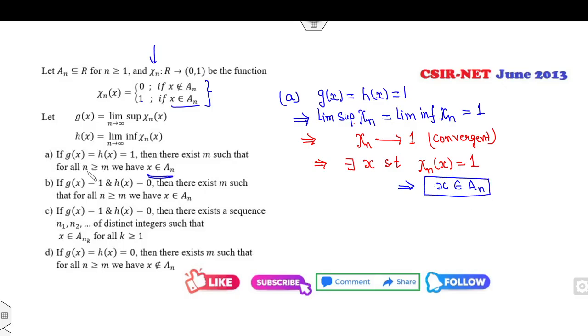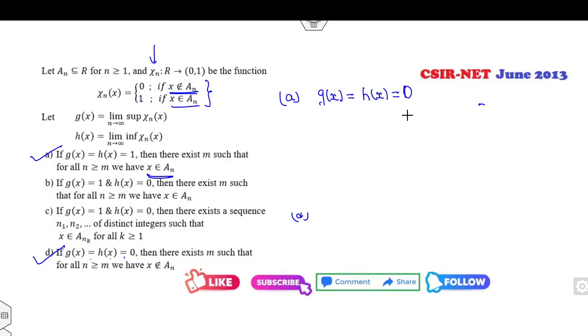And you can see the same thing they are asking. Similarly, if you look at the last option, both are 0. That means this converges to 0. It means there exists some x which converges to 0, that means x does not belong to the An. So this option is also a correct option.